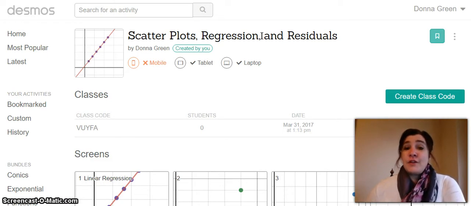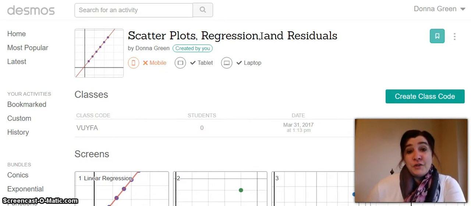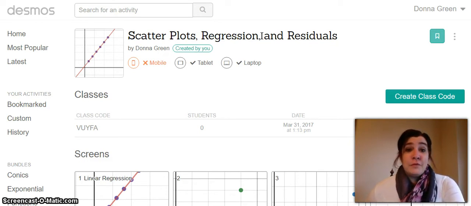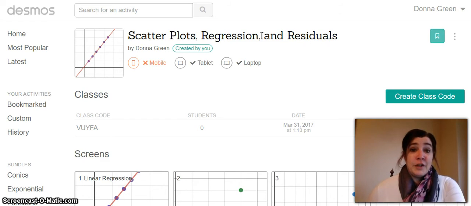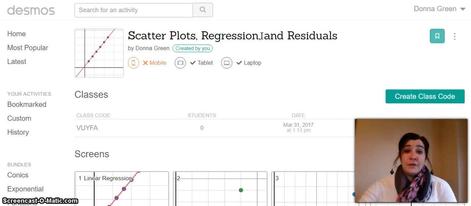It's faster, it's quicker, it's more efficient, and it's just easier to use than anything like Excel or, in our case, Fathom, which isn't even licensed anymore. Not sure what other provinces or countries do, but for us Fathom is not available anymore, and Excel is expensive, and Desmos is just a great program.